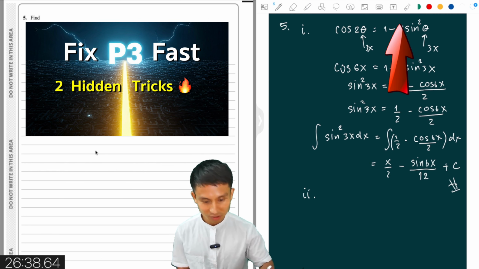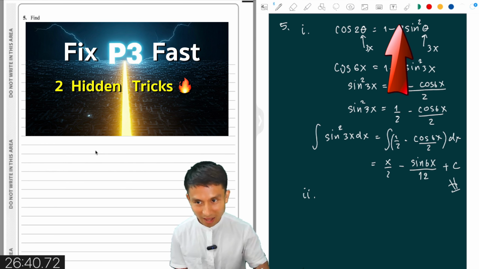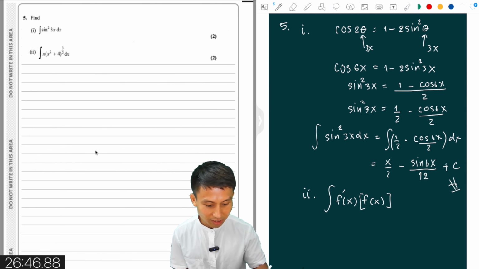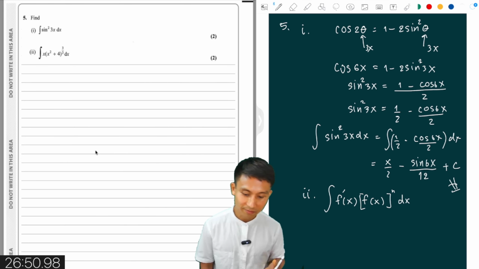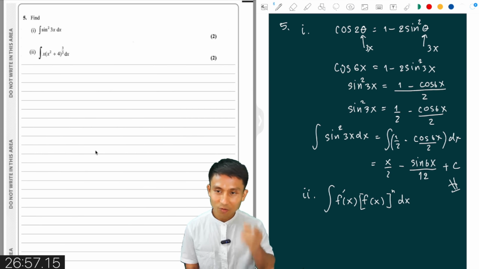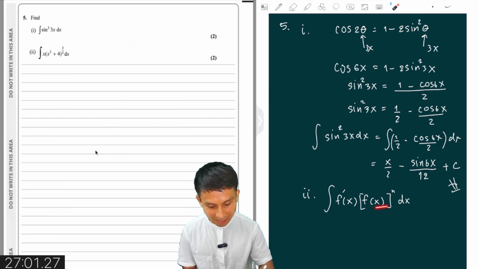So when you see something of this form, where one function is to the power of something, and in fact it can also be 1. So when you see one function to the power of anything, and then when you differentiate the inner part, like inside here, that f of x, you get the thing outside.